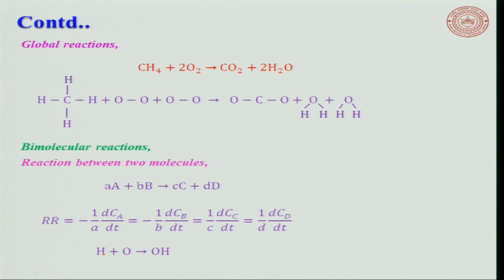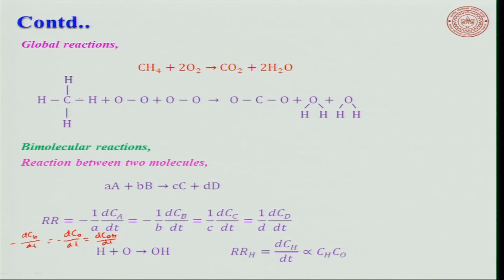For example, if I take H plus O going to OH, I can write in a similar way: minus dC_H by dt is equal to minus dC_O by dt, is equal to dC_OH by dt.